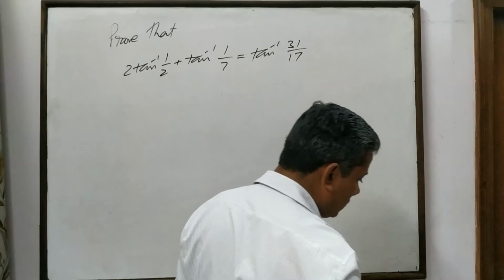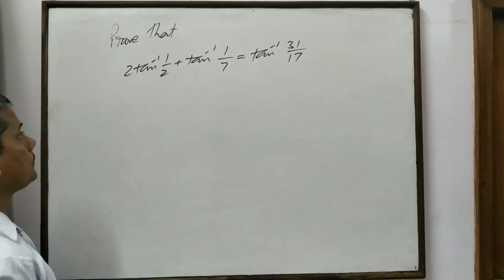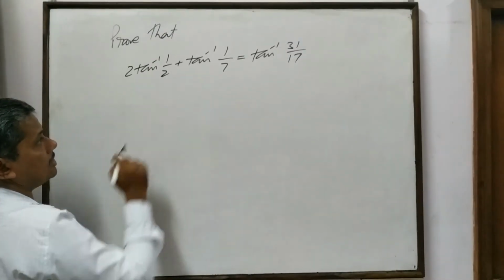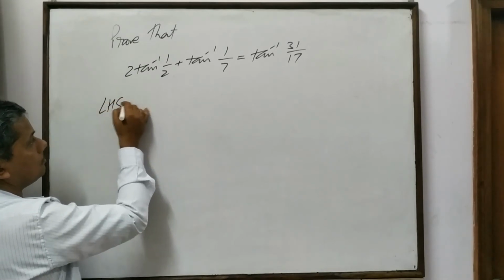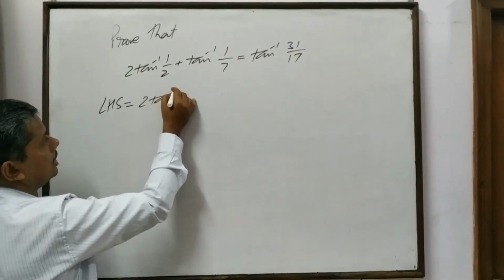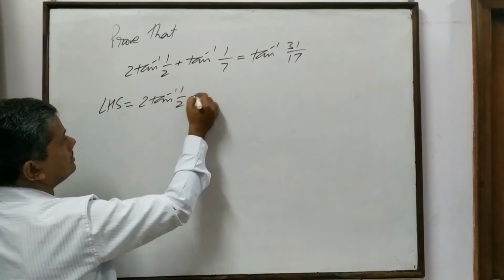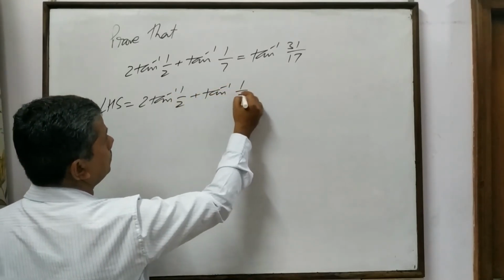So take the left hand side: 2 tan inverse half plus tan inverse 1 upon 7.